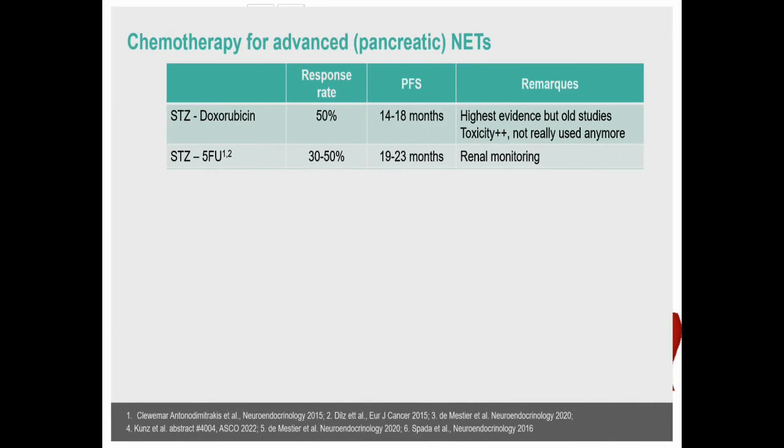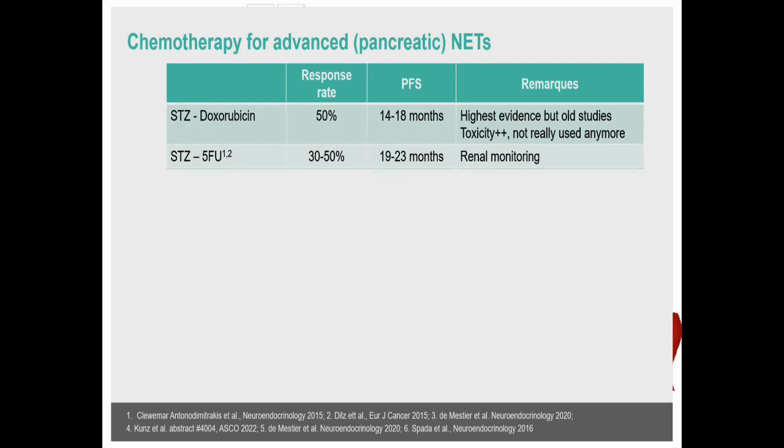Let's come to well-differentiated neuroendocrine tumors of the pancreas, and here things are really different. The oldest combination with some evidence of efficacy is the combination of streptozotocin and doxorubicin. Most retrospective studies, few prospective studies in this field, have shown that the response rate is around 50%, lasting for 14 to 18 months.